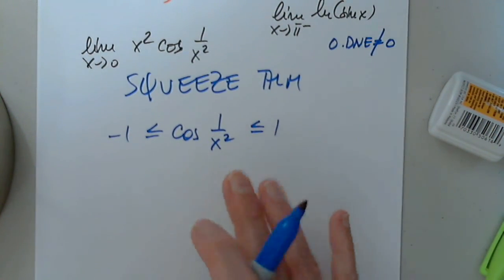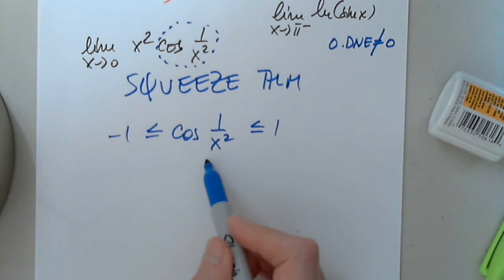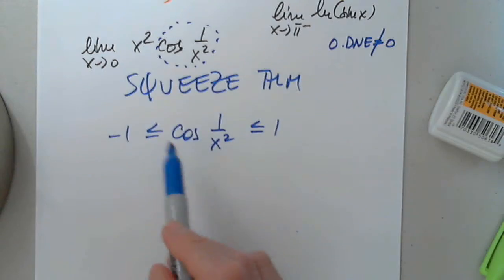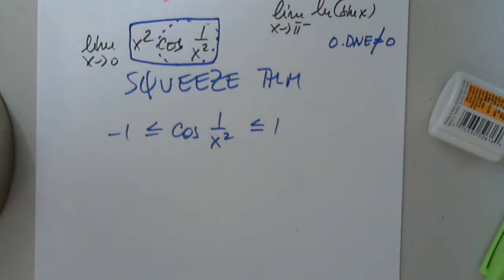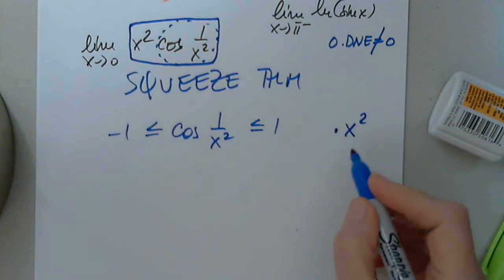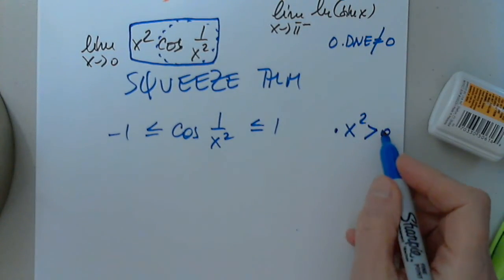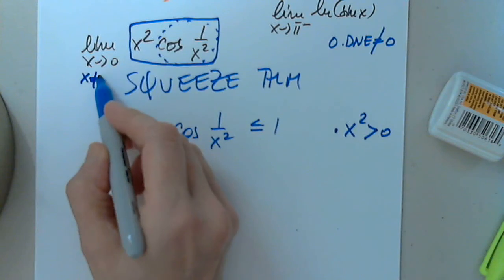Okay, perfect. So I have this piece built in here. But this is not the function. This is the function. What should I do now? Multiply all 3 by x squared. That's it, because this is positive and it's not 0. How do I know? Because this really means not equal 0.